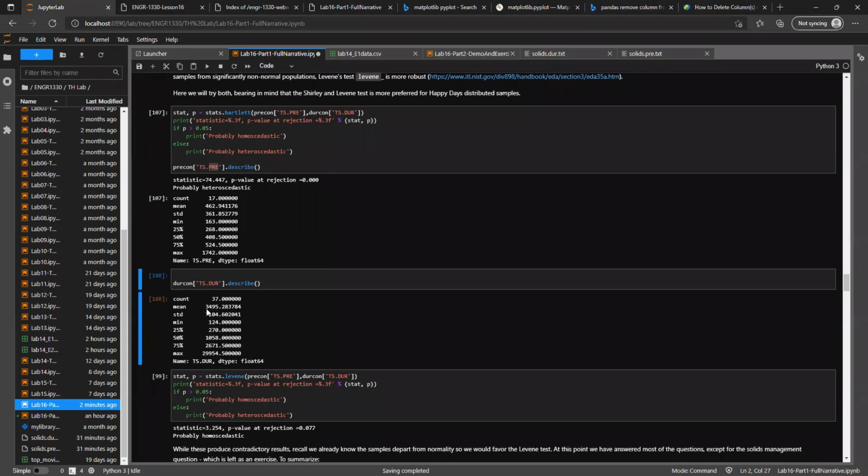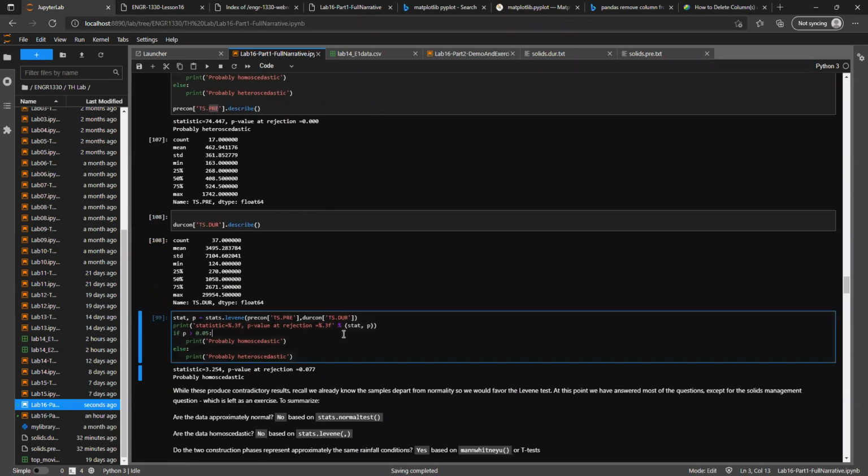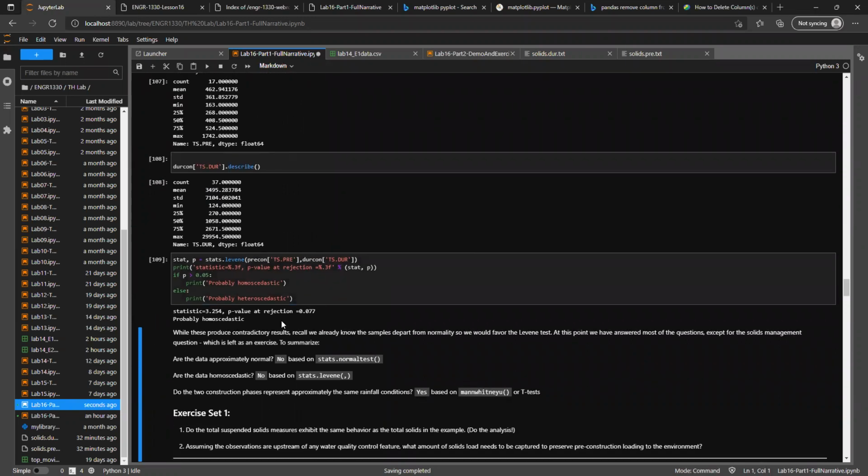Now, how different are these from the mean? Is a question we could look at. They look pretty different to me. But again, me just eyeballing it and saying these kind of look different isn't really as reliable as using our tests. So with the Levene test, we do not reject the null hypothesis that these are homoscedastic.